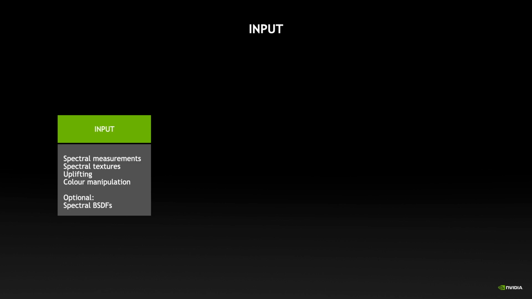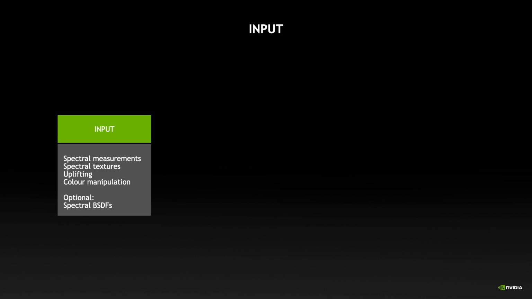So the input stage, in my eyes as a material person and a person who has spent a lot of time with appearance, is the stage of spectral rendering which is not, or is at least less, explored. The core problem there is that you can no longer put RGB data into your renderer.